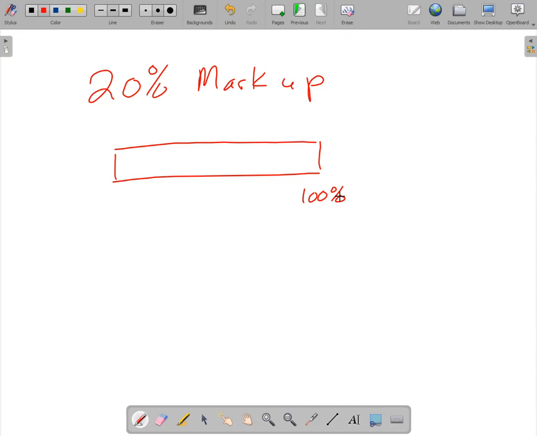Now I want to make it look as accurate as I can, so that means I'm going to have to break this up into pieces so I can tack on the 20% and have it look a reasonable size. So I'm going to cut it in half. So 20%, let's draw that in a different color. It's going to be about that much more. So that right there would be 120% tacked on.